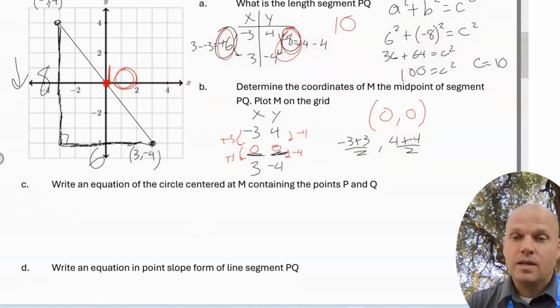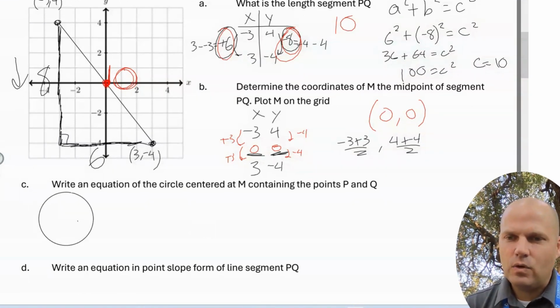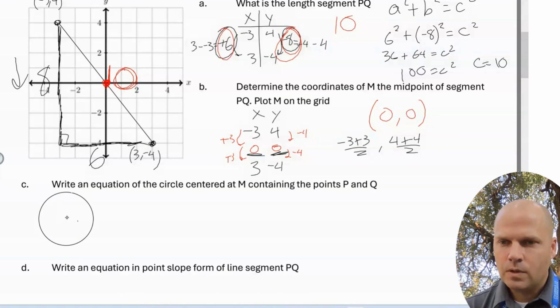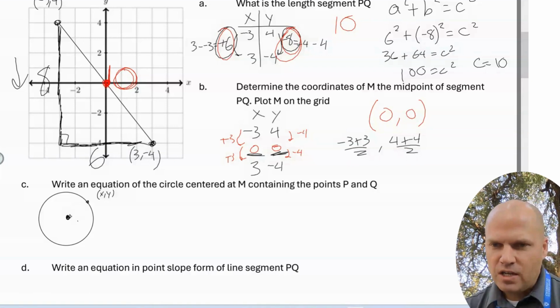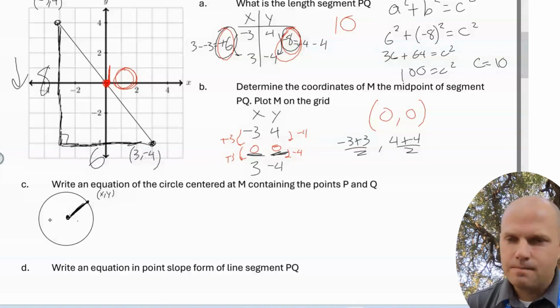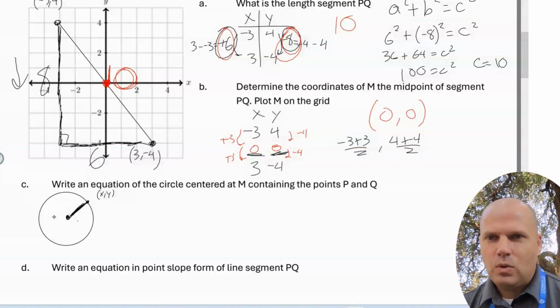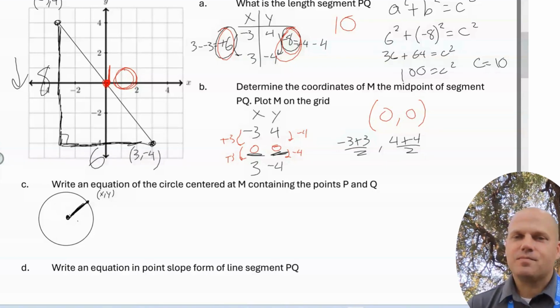Okay. Now we have the idea of a circle, where we have this point M, we have this random collection of XY points that are a specific distance away. Okay? Now, what is the distance?